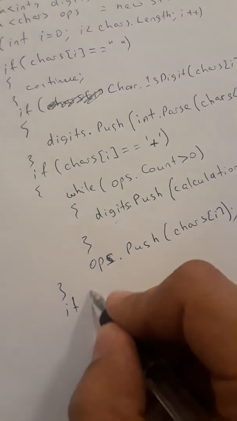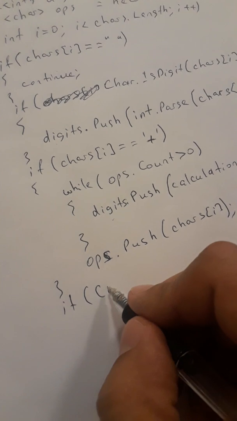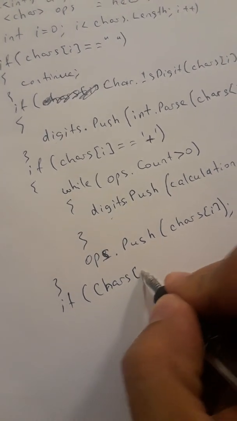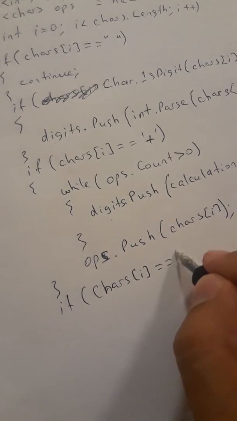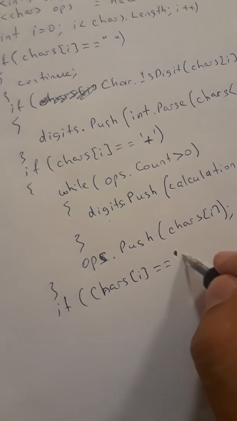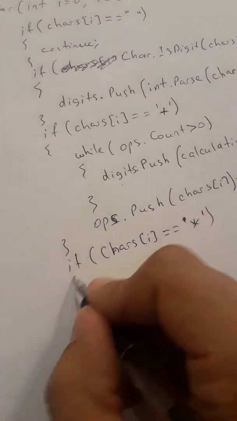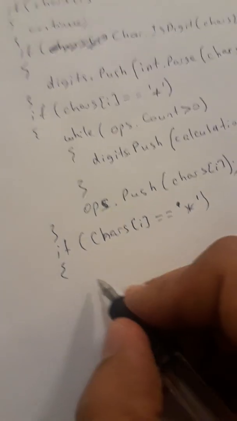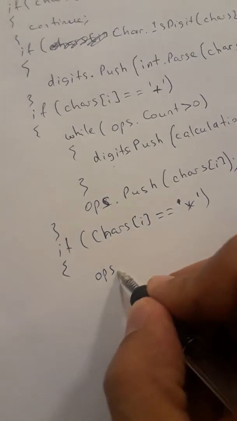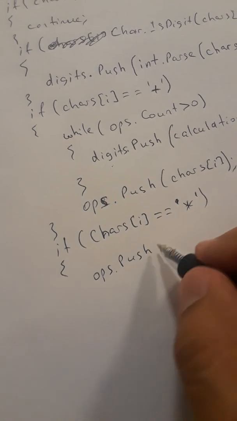But if it's a multiplication sign, our code just pushes the character to the operator stack.